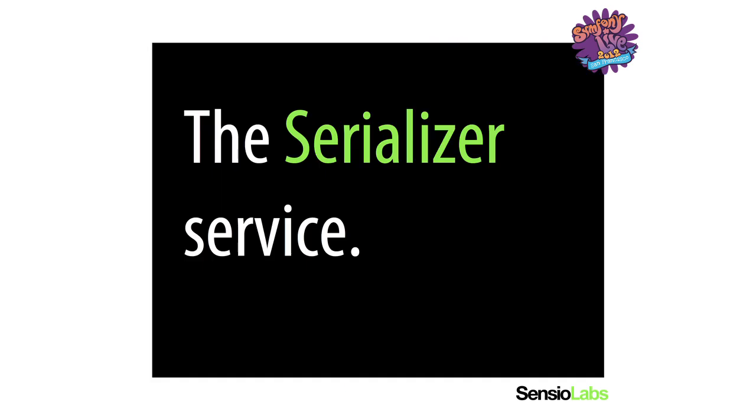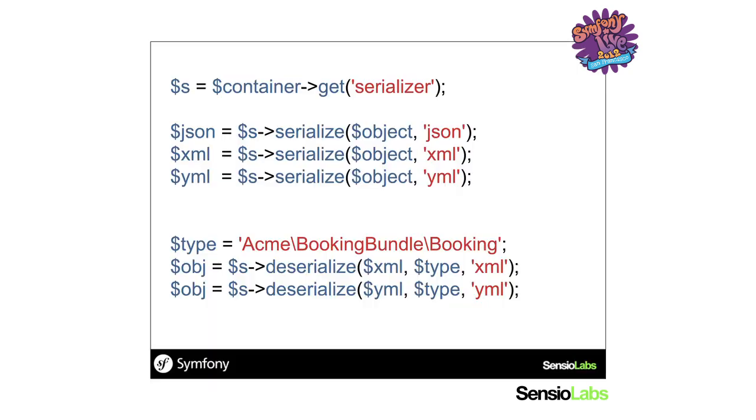You can directly get the serializer object, and you can serialize to JSON, XML, and also YAML, because by default, the JMS serializer bundle provides YAML support for serialization. And you can deserialize your PHP object from YAML, JSON, or XML.